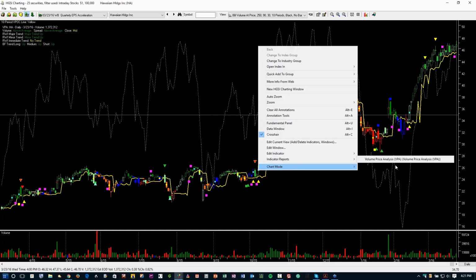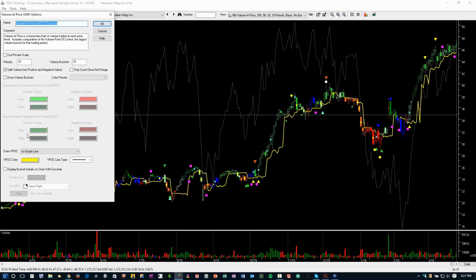obviously we created our volume at price indicator by amalgamating ideas from various ones. And Anna Cooling's version of volume at price, the line is all the way across the chart. It doesn't have any indication of what the look-back period actually was.